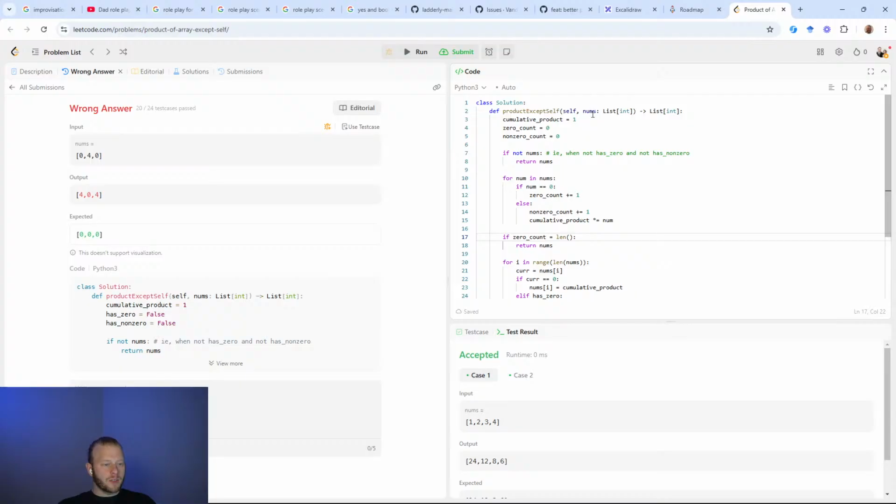If the 0 count is the whole thing, then we can return it.